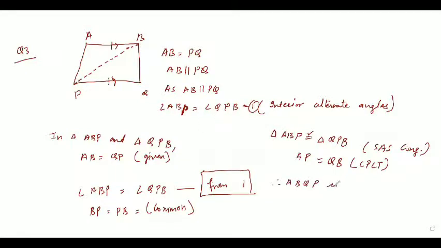ABQP is a parallelogram, where AB equal to QP, which means opposite sides are equal, AP is equal to QB, which we have just proved, which is also opposite sides of a parallelogram, and AB parallel to QP.